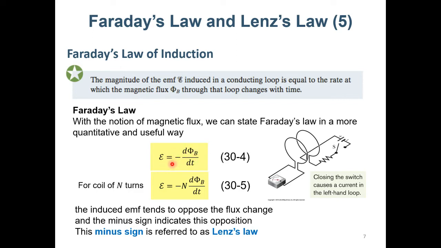This minus sign is important. For a coil of N turns, we just have another factor of N, because you can add all the magnetic flux to the same loop.